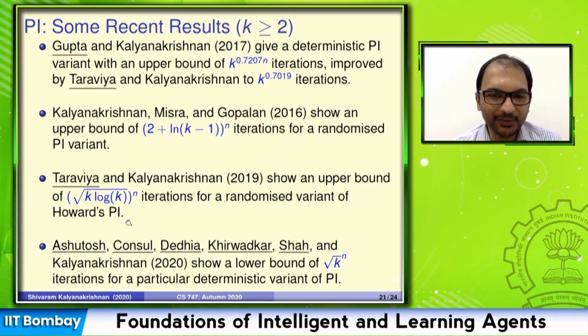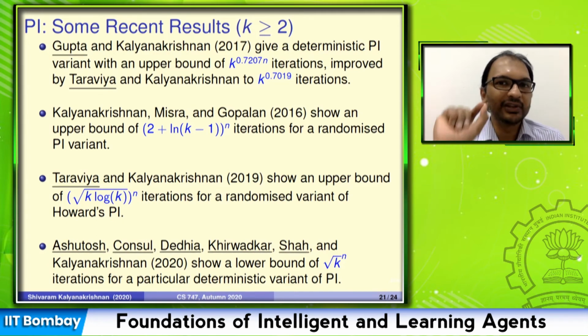Finally, maybe this is the most recent. You can see that the year on this paper is 2020, the same year that you're doing this course. We have a lower bound, with Ashutosh, Kunsul, Dedhia, Kirwadkar, and Shah. We have shown that there exists an MDP, a starting policy, and a particular form of policy iteration which will take square root of k to the n iterations to reach the optimal policy.